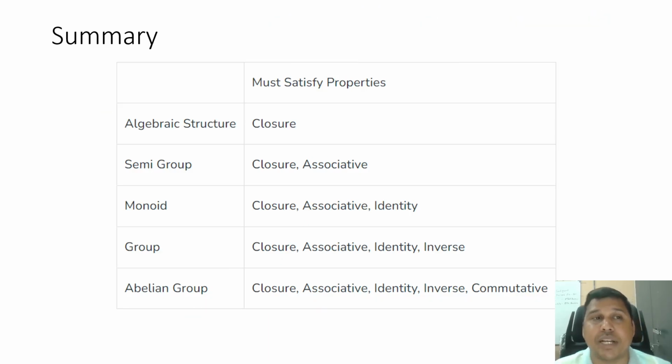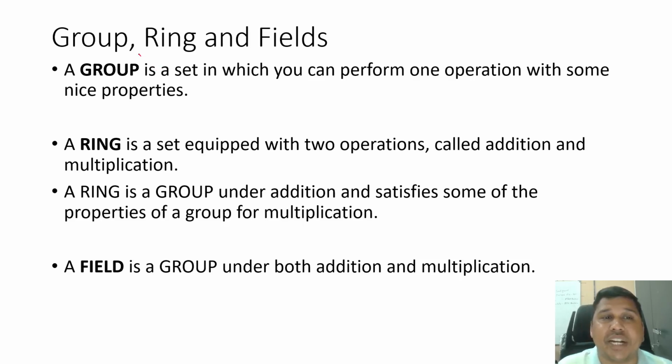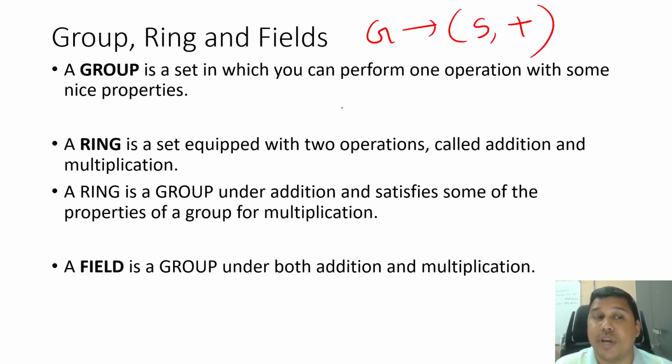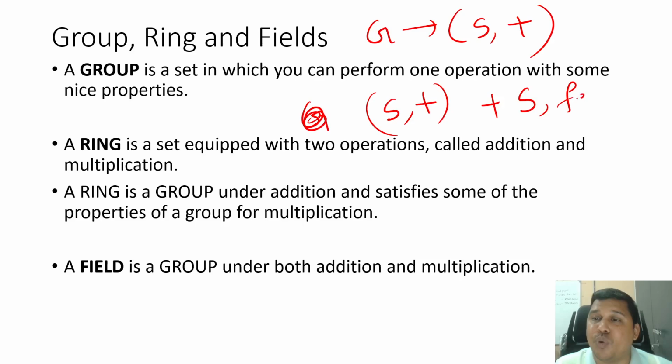Now the next concept is rings and fields. What are a ring and a field? A group means given a set and one operation. Whereas for a ring, given a set S, it satisfies all the properties over addition, plus the same set S satisfies a few properties over multiplication.